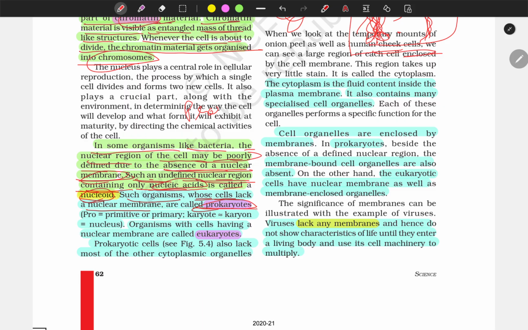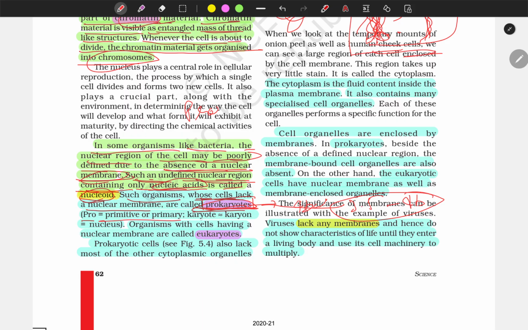These are called prokaryotic because this was the early time of evolution, when life was just formed on the earth, about 3.5 to 4 billion years ago. These are primitive types of cells from the early evolution of cells.